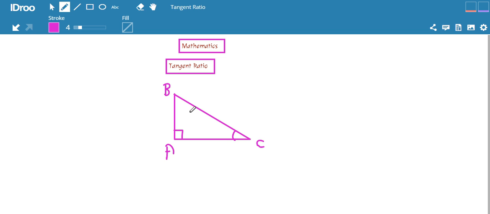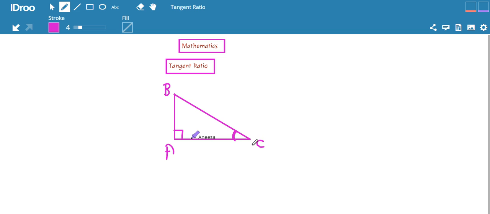First of all you need to understand what the opposite, hypotenuse, and adjacent are. The opposite is always the side that is opposite to the angle.